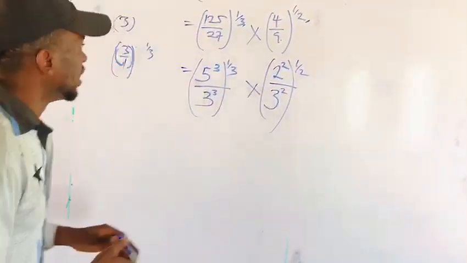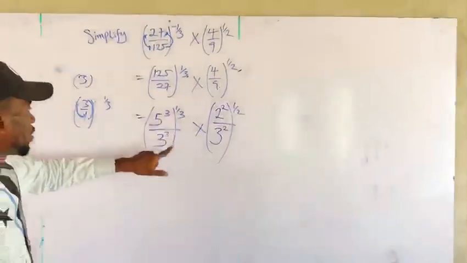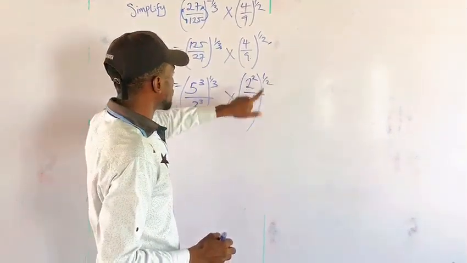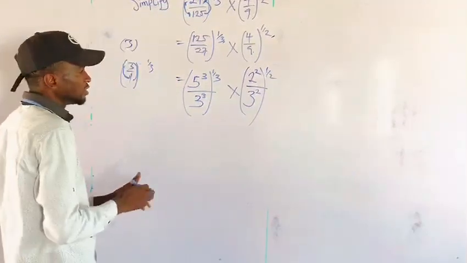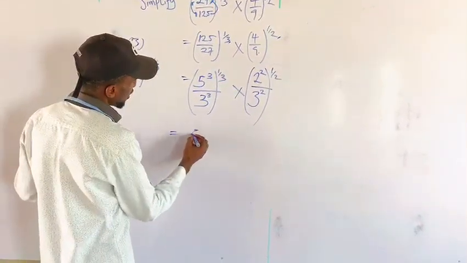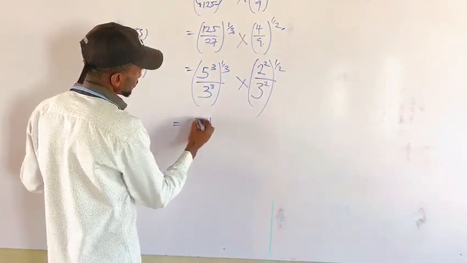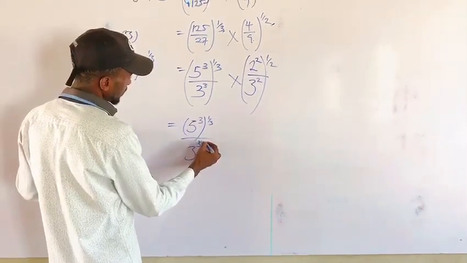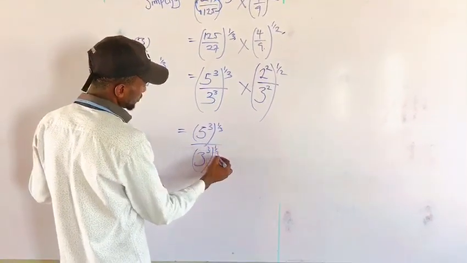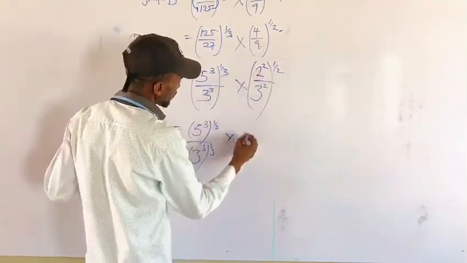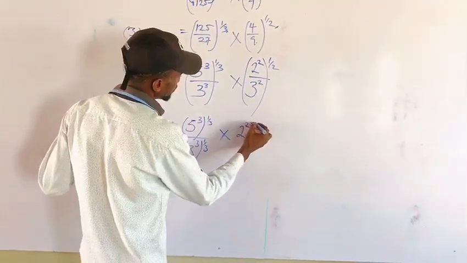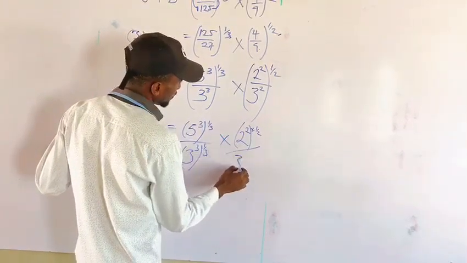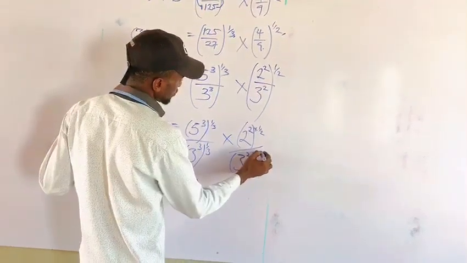I've not changed anything. Now, this 1 over 3 is for both this 5 raised to the power of 3 and 3 raised to the power of 3. This power 1 over 2 is for both 2 raised to the power of 2 and 3 raised to the power of 2. So let's give everybody what belongs to them. This is equal to 5 raised to the power of 3 raised to the power of 1 over 3, over 3 raised to the power of 3 raised to the power of 1 over 3, times 2 raised to the power of 2 raised to the power of 1 over 2, over 3 raised to the power of 2 raised to the power of 1 over 2.